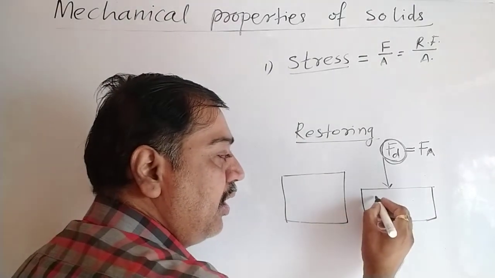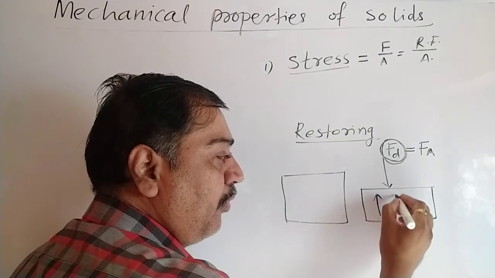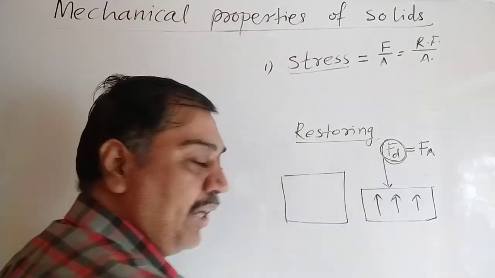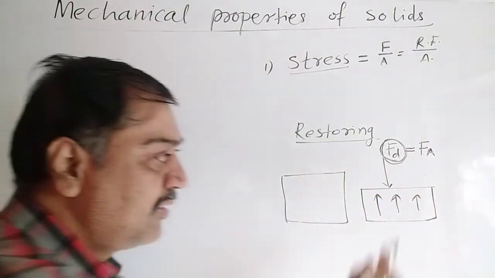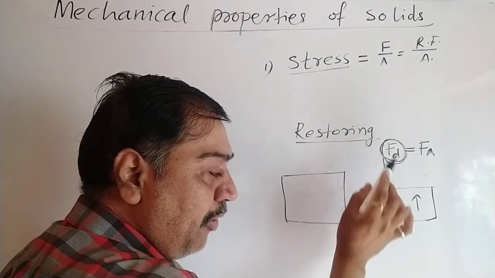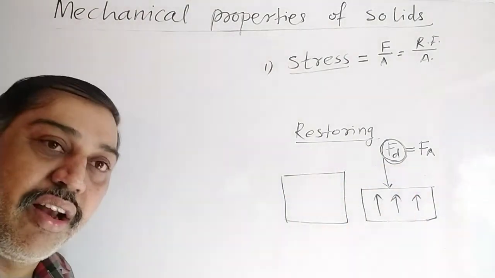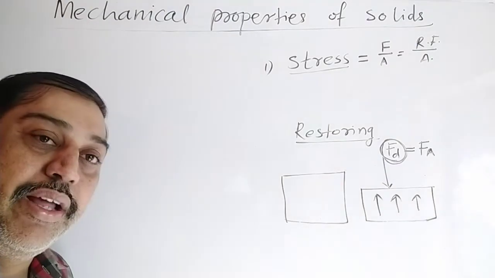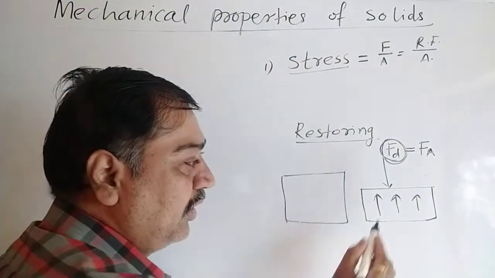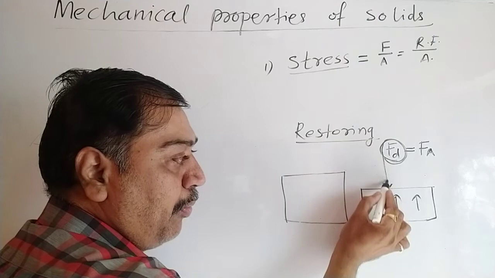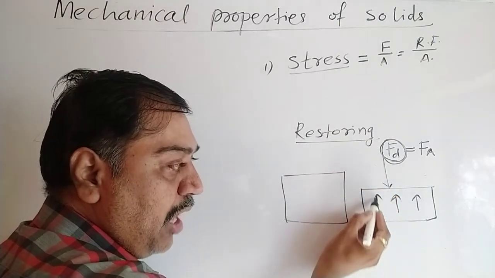Now when we apply this force, what will occur internally? Automatically, the same amount of force is produced internally in the material, but in exactly the opposite direction. Just see, the applied force acts from up to down, and the internal forces act from down to up.